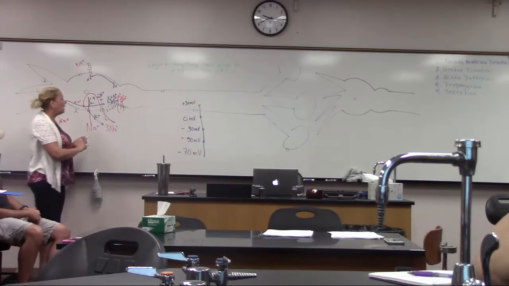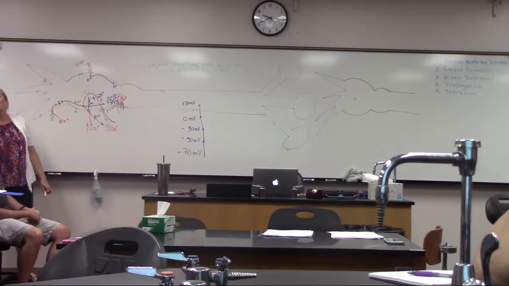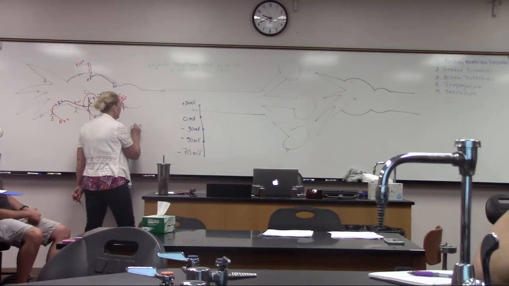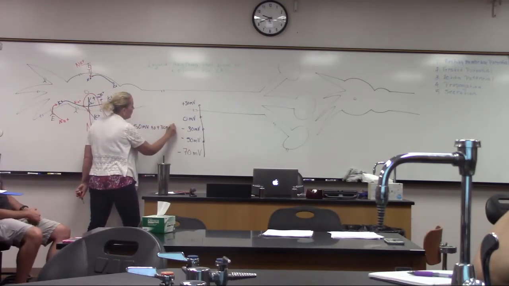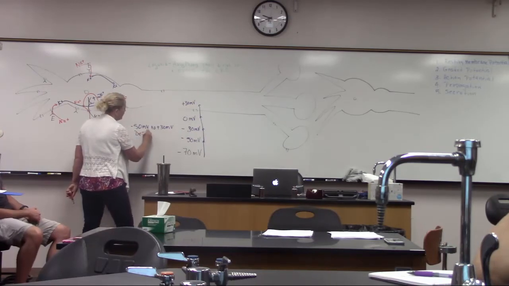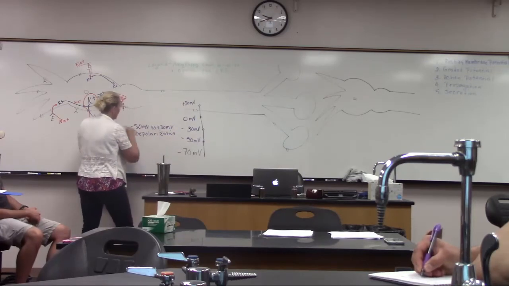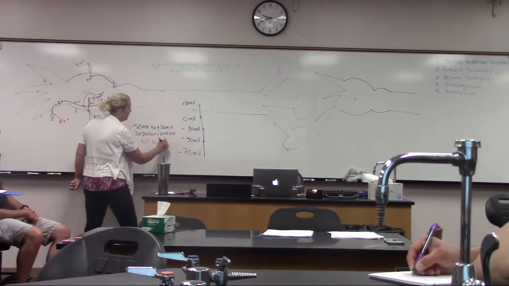So we've had a reverse in our polarity, which is what we would call depolarization. So from minus 50 millivolts to plus 30 millivolts, this is depolarization. And this occurs because sodium is diffusing in to the neuron.